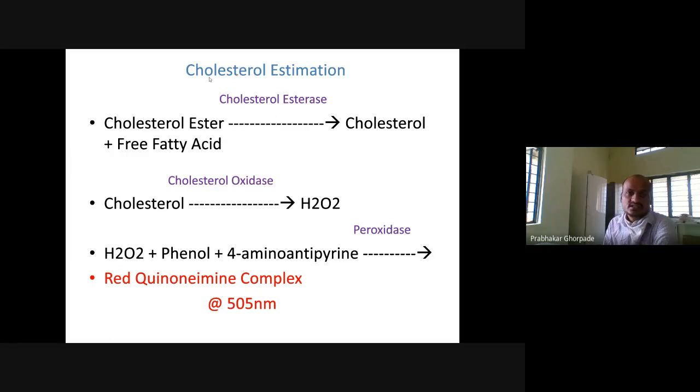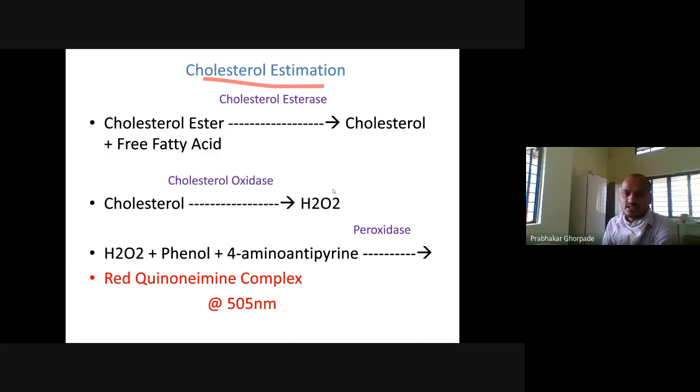Next comes the cholesterol estimation. For cholesterol estimation, we have cholesterol esterase and cholesterol oxidase involved. We have cholesterol ester, and with the help of the cholesterol esterase, it will get converted into cholesterol plus free fatty acid, and this cholesterol will react with cholesterol oxidase, and it will give hydrogen peroxide.